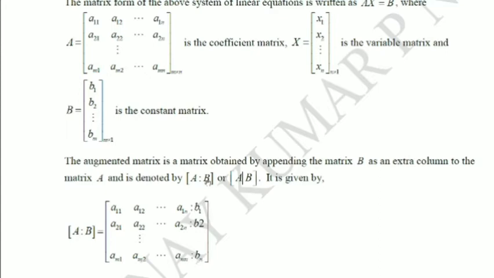That column is nothing but the column matrix B. So the matrix A together with matrix B as one column gives you the augmented matrix, A augmented with B. It is denoted by either of these two symbols. So this gives you the augmented matrix [A | B].